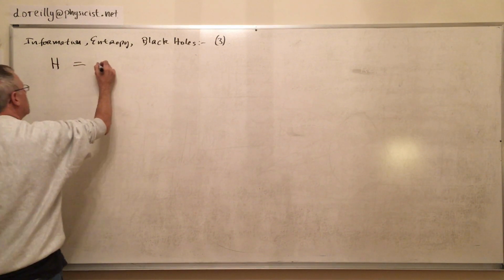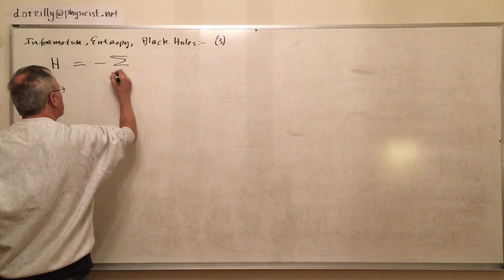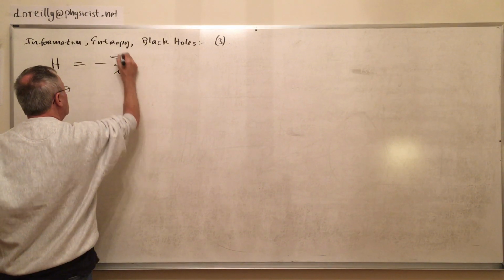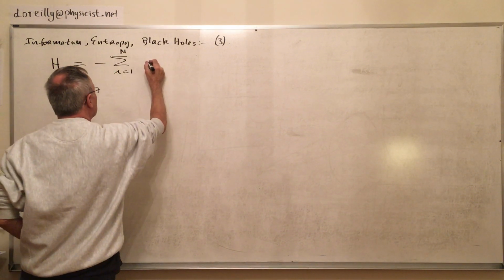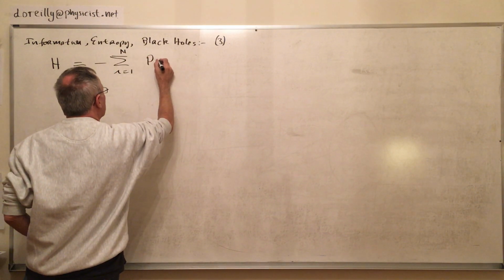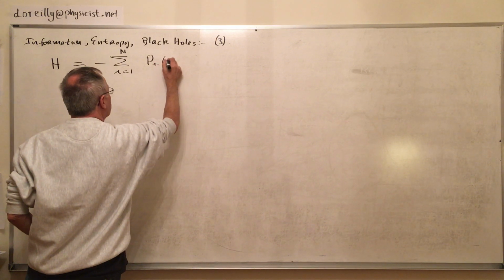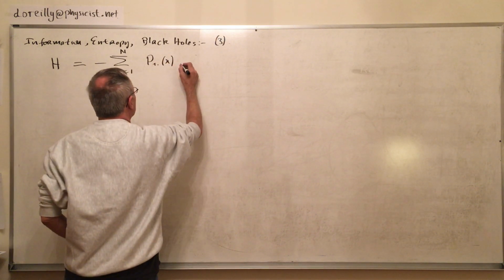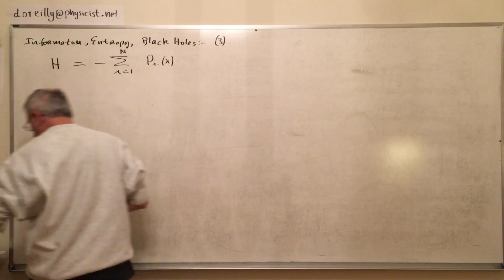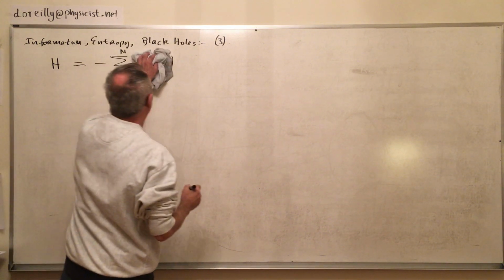H is negative the sum from i equals 1 to n, for n cases, of the probability p_i of events x. I think it's got a negative sign in it as well.